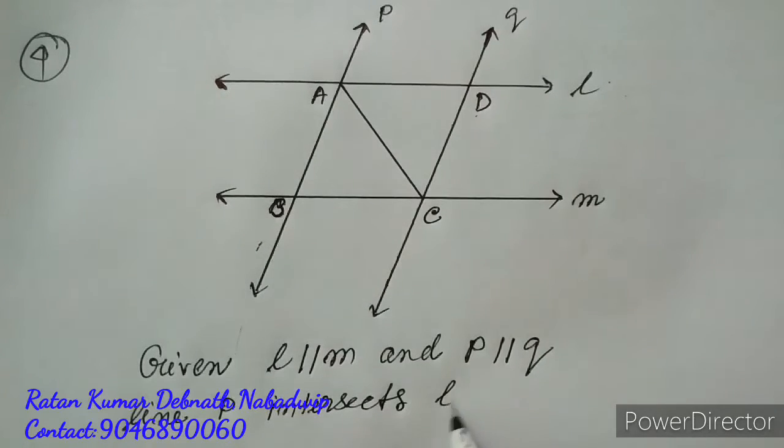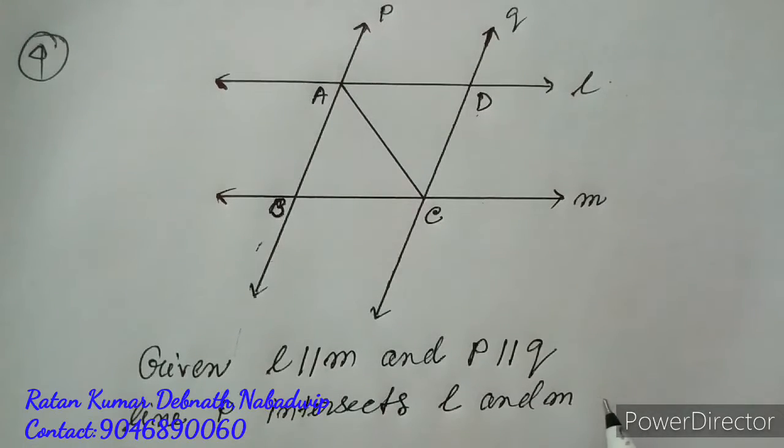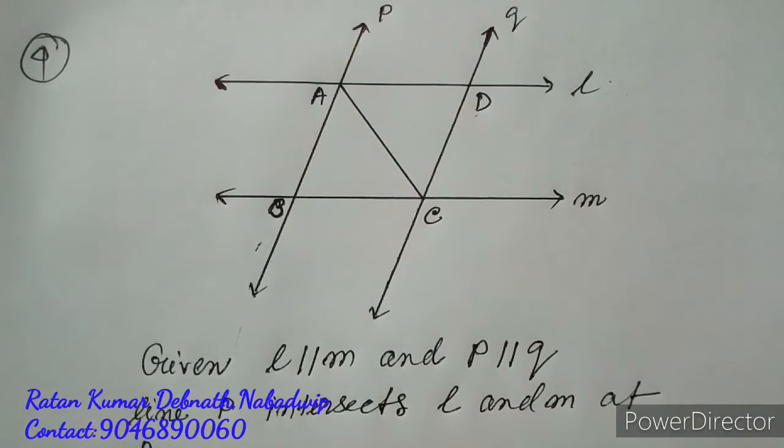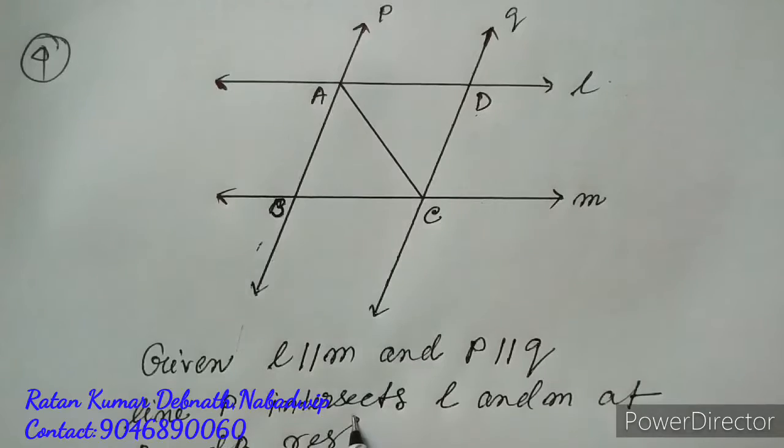Line P intersects L and M at A and B respectively.